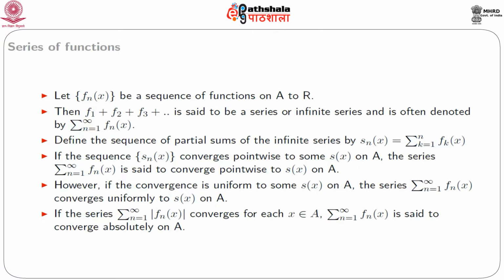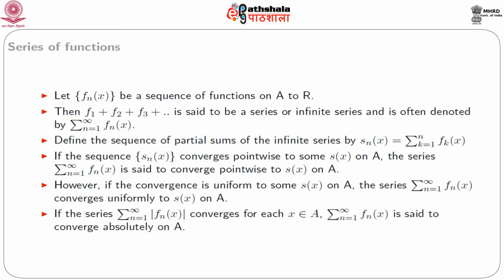If the sequence Sn(x) converges pointwise to some function S(x) on A, the series summation fn(x) is said to converge pointwise to S(x) on A. However, if the convergence is uniform to some S(x) on A, the series converges uniformly to S(x) on A.